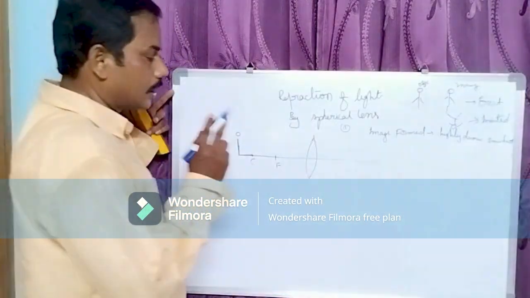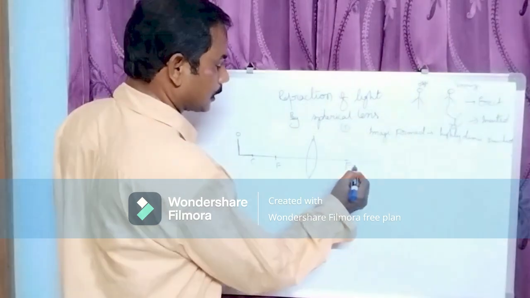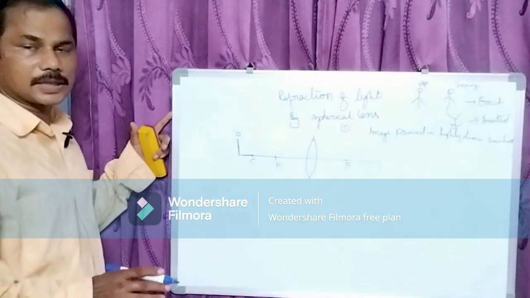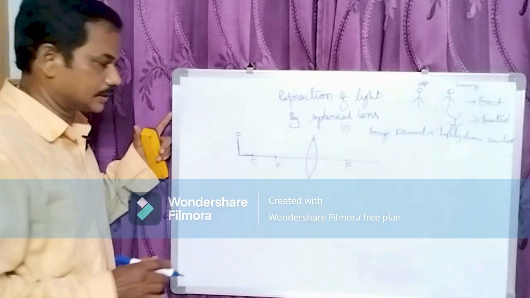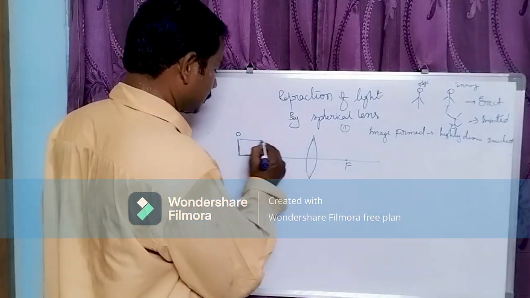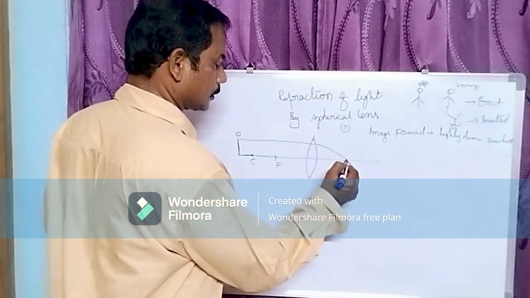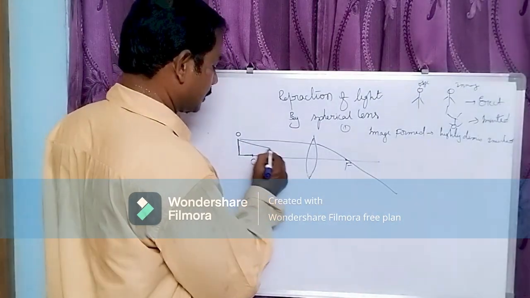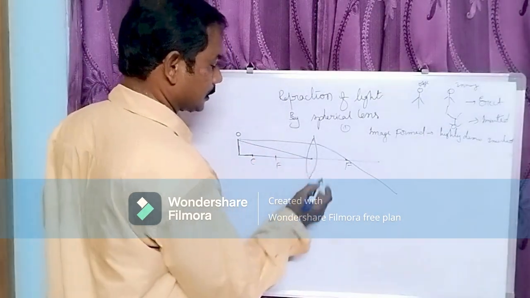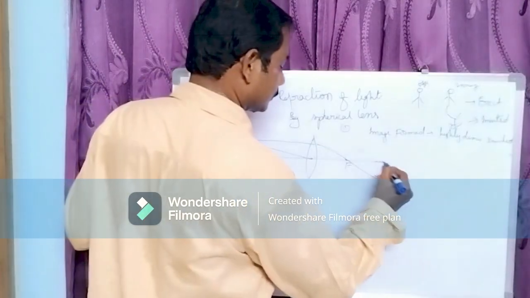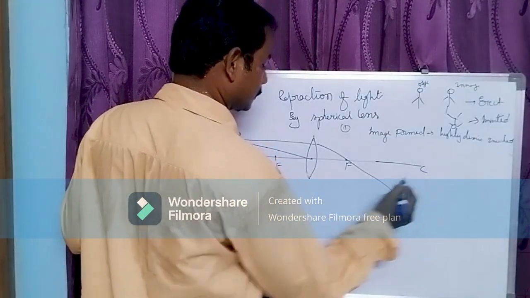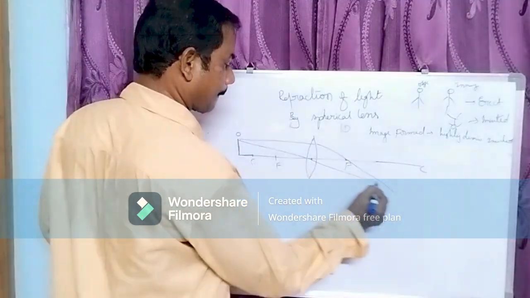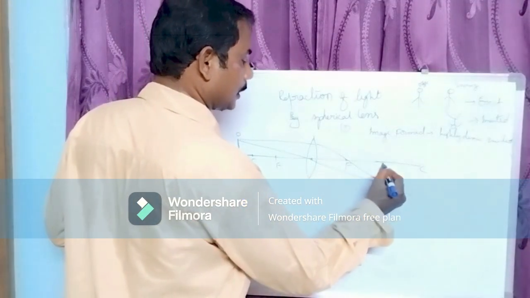Remember, all the parallel lines will converge at the focus and the lines passing through the center will not deviate. So one line is parallel, and another line is passing through the center. Here we get the image.